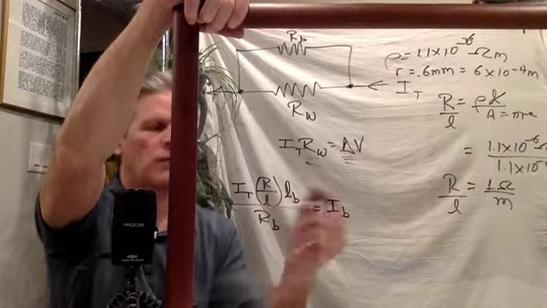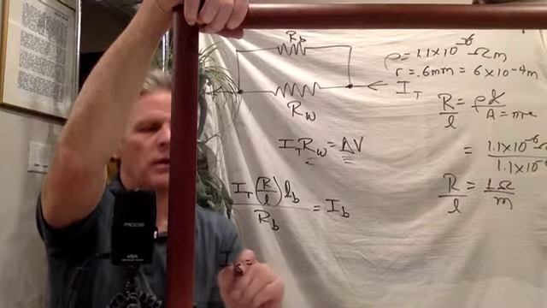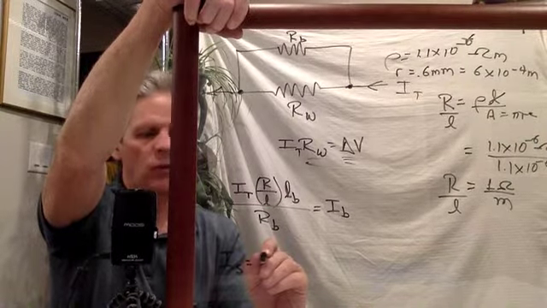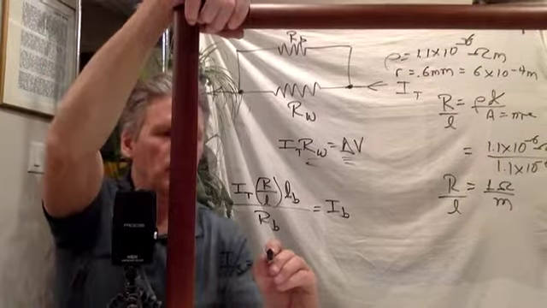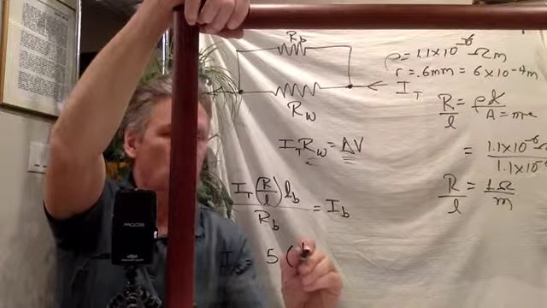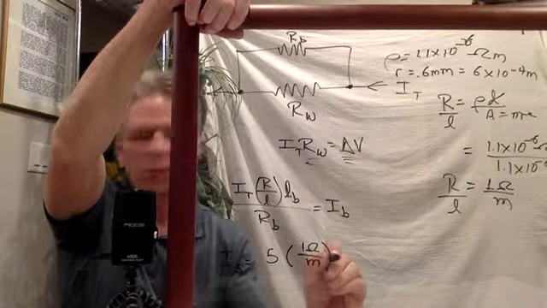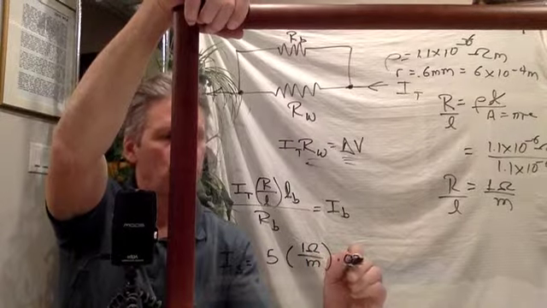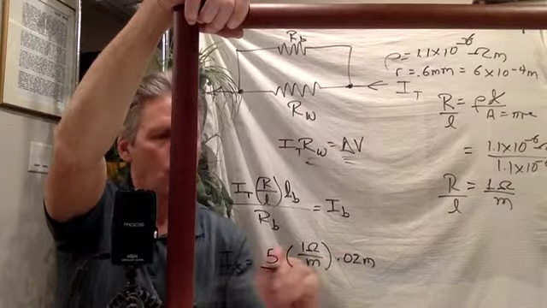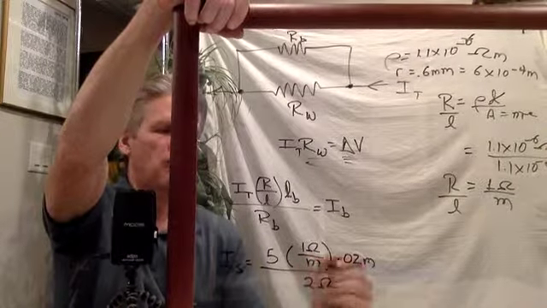Well, as a matter of fact, I won't even worry about it. I'll call it I sub S for I sparrow. And we know that the I total, I believe, was 5 amps. So we have 5 times 1 ohm per meter times 0.02 meters over 2 ohms is what we end up having.